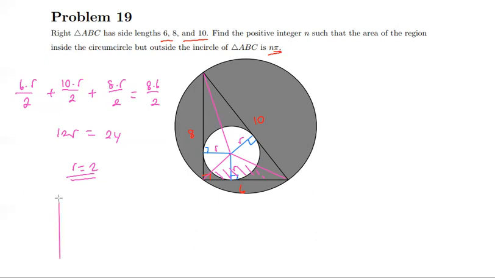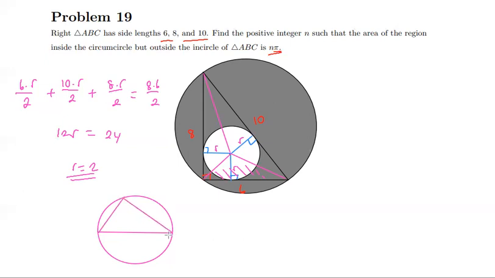Let me try drawing a circle first. I'm going to have this circle, and a diameter, and this is our diameter. Then I'm going to have a triangle, and one of the sides of that triangle will be the diameter of the circle.